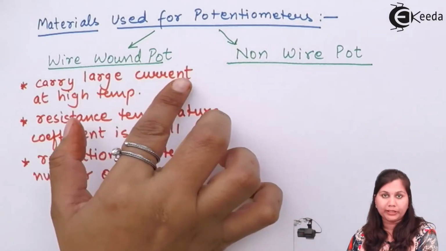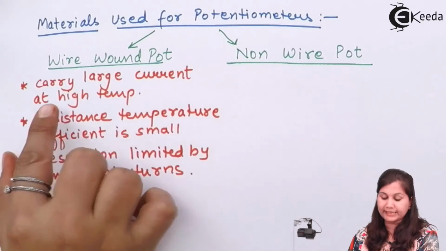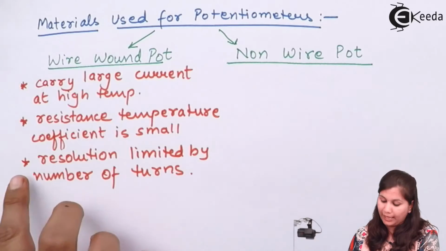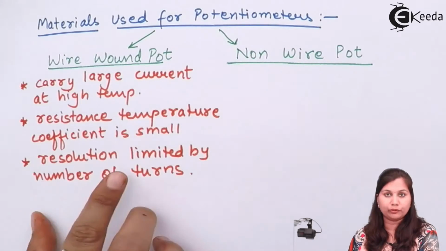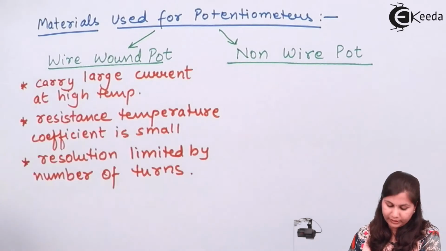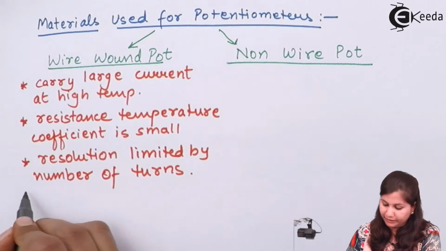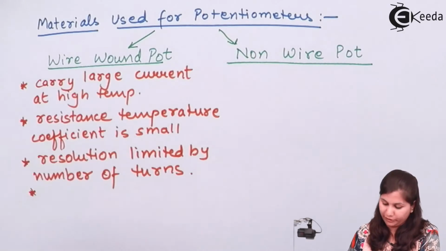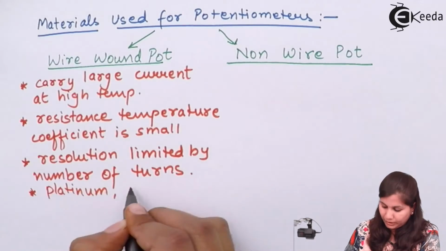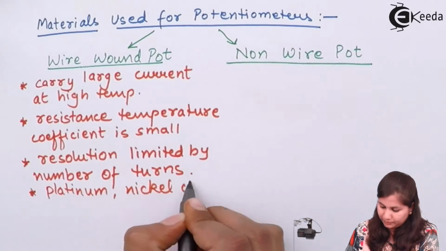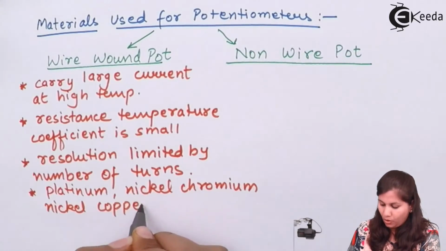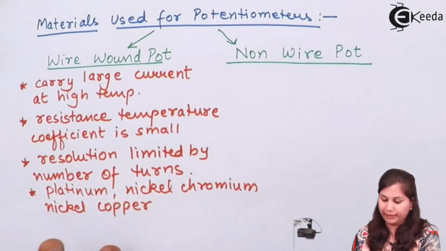In the wire wound potentiometers, they carry large currents at high temperature. The resistance temperature coefficient is also very small, and the resolution in the case of a wire wound potentiometer is limited by the number of turns. Also, the material used is platinum, nickel chromium, or an alloy of these metals.